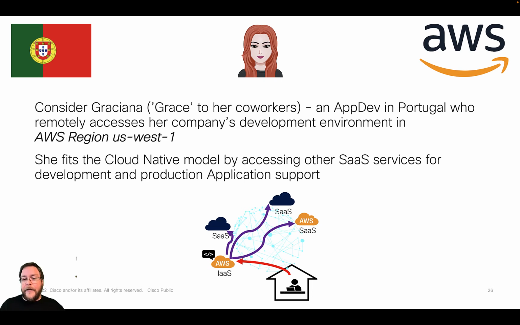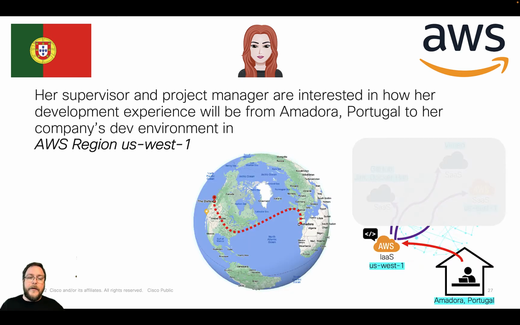She doesn't maintain her code in her home office in Portugal. Her supervisor and project managers are interested in how her experience is from Amadora, Portugal, to her company's development environment. Again, this is in US West 1. So we want to know what that looks like because we're going across the North Atlantic Ocean.